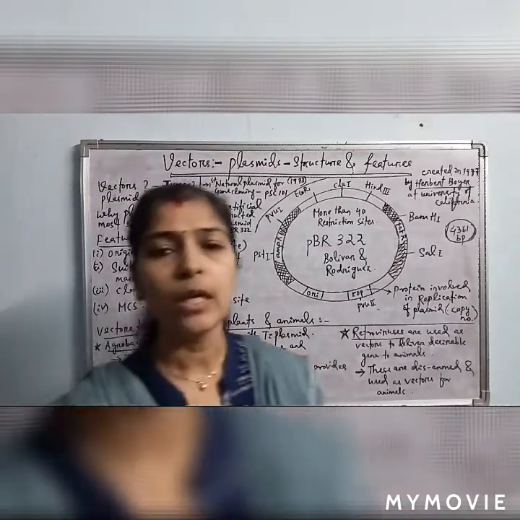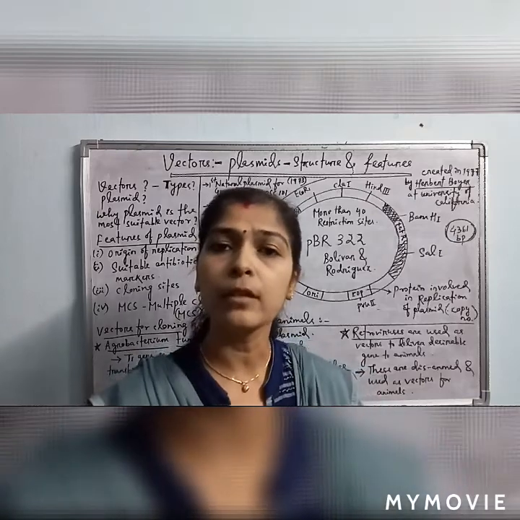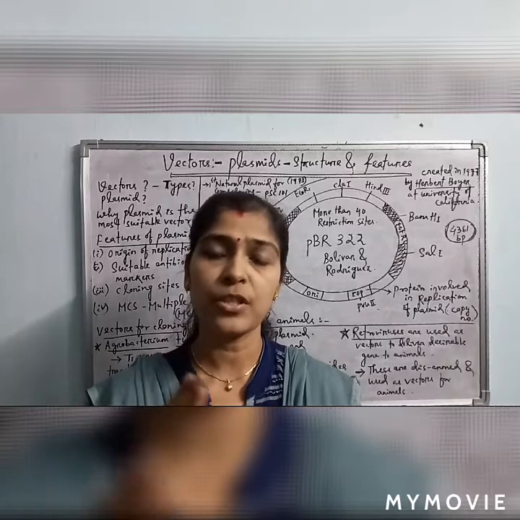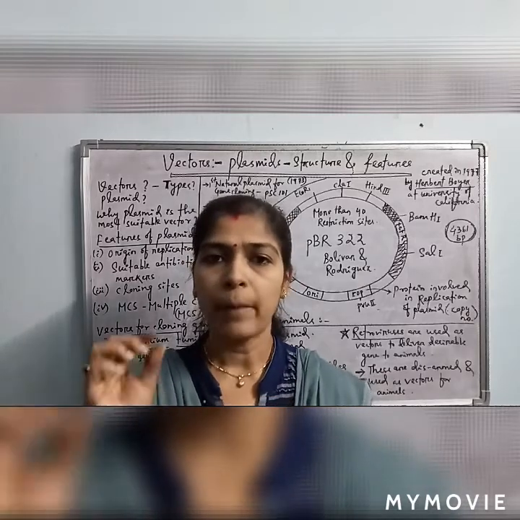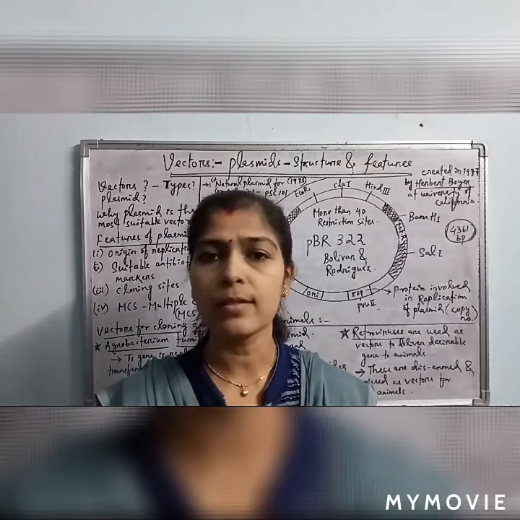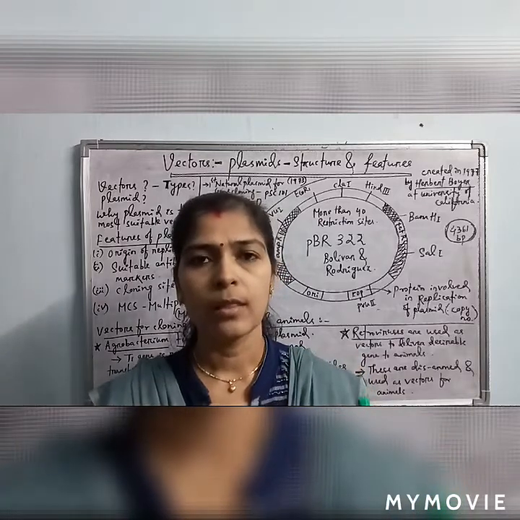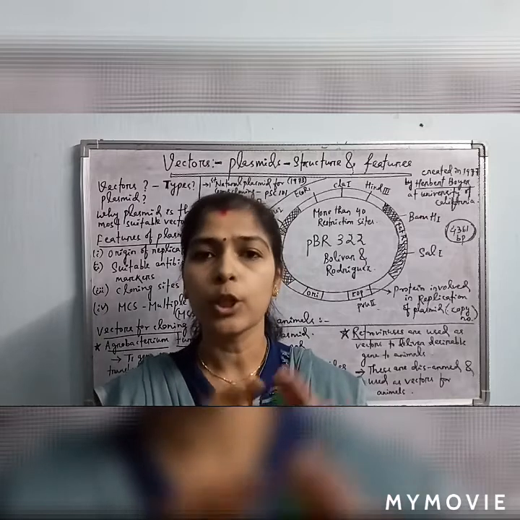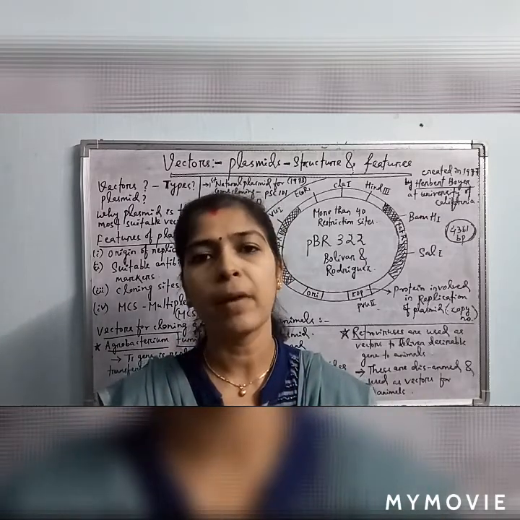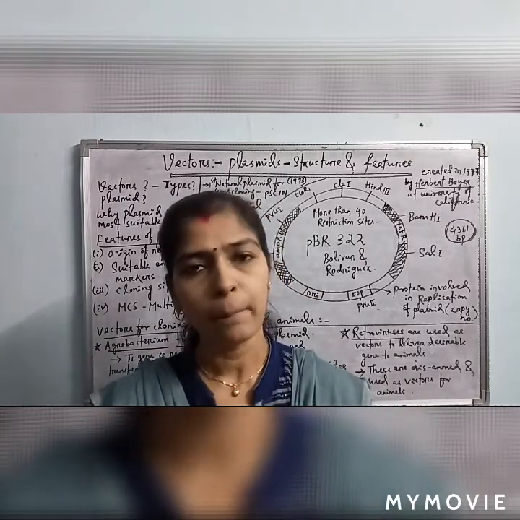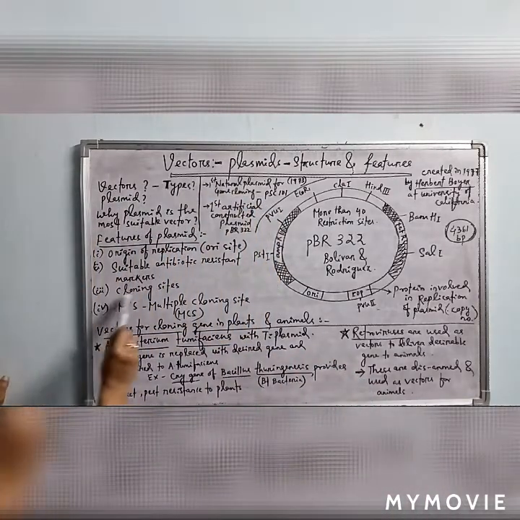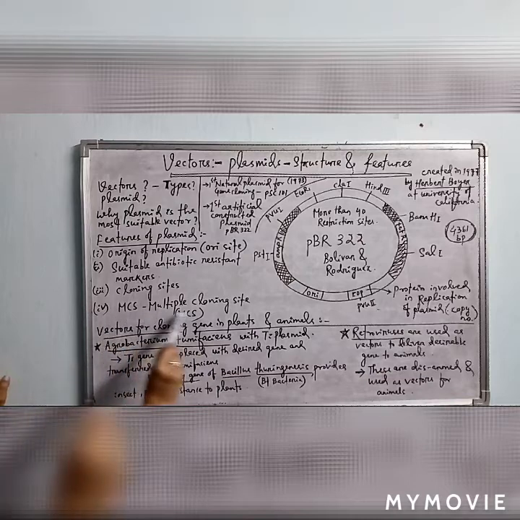Cloning site means these plasmids must have the recognition sequences of particular restriction endonucleases, so that by using a particular restriction endonuclease, this plasmid can be linearized. The desired gene can be ligated with the help of the enzyme ligase to make the recombinant plasmid, and that recombinant plasmid will be transformed into the bacteria or the host cells. And another is multiple cloning site, MCS.